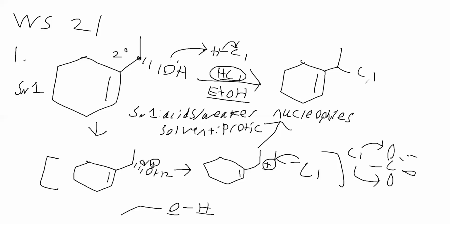That's just a really long way of saying you lose chirality in an SN1 reaction because of the carbocation intermediate. If you just want to remember that small sentence I just said, that's fine. If you pass through a carbocation, you're not going to have stereochemistry in the product. Okay.